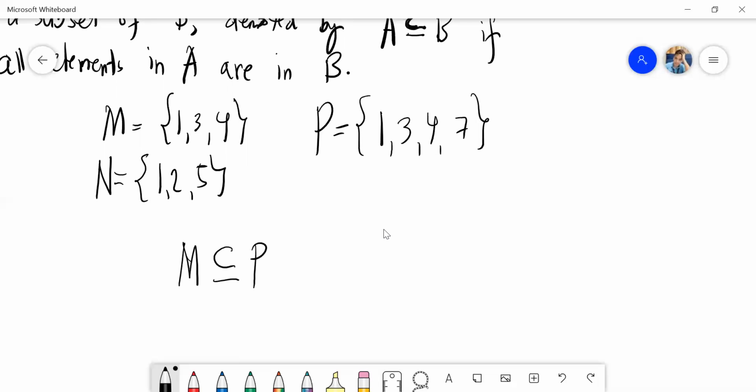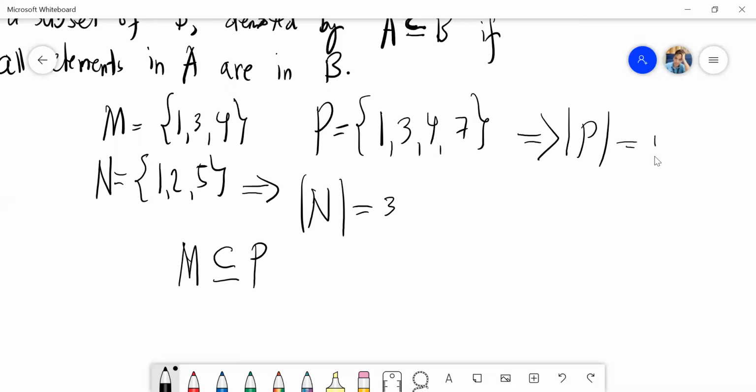Now, N, on the other hand, although the cardinality of N here is 3, and the cardinality of P is 4, meaning the cardinality of P is greater than the cardinality of N, it does not sufficiently tell us that N is a subset of P. Why?